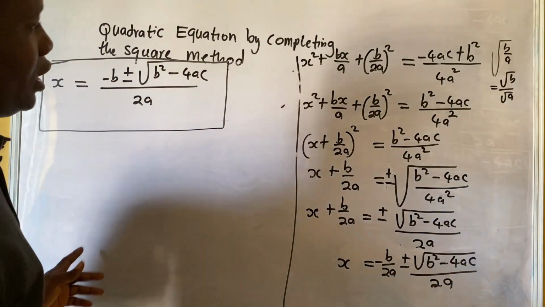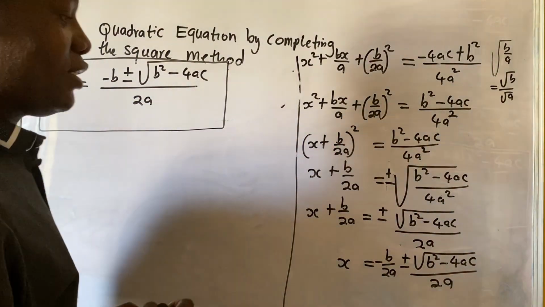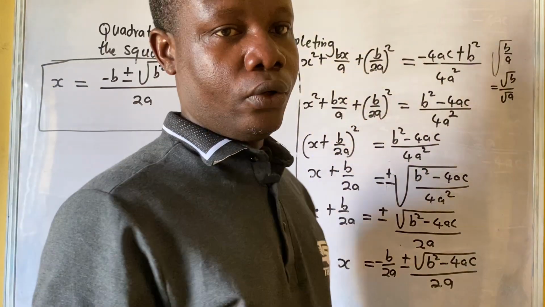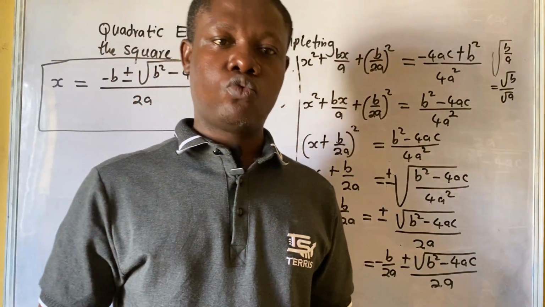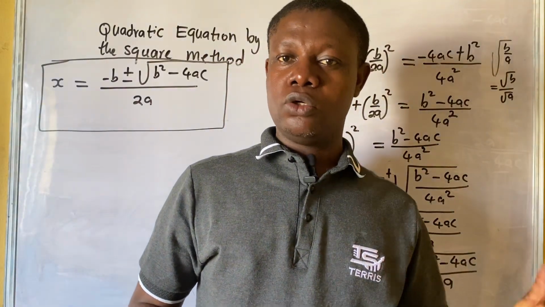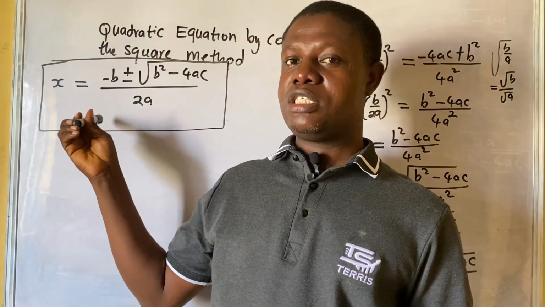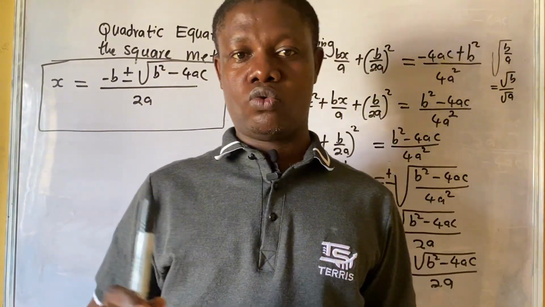But if you are required to use the formula method, you simply use this and you get the answer you are looking for. So in our next video, we are going to be taking examples under the completing the square method. And after that, we'll look at the formula method, which is applying this formula that we have derived from the completing the square method.